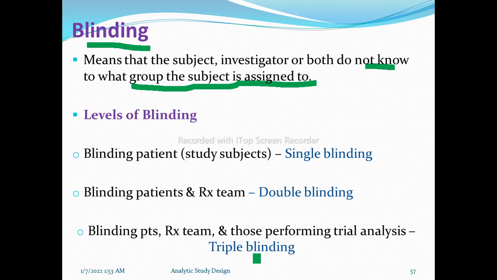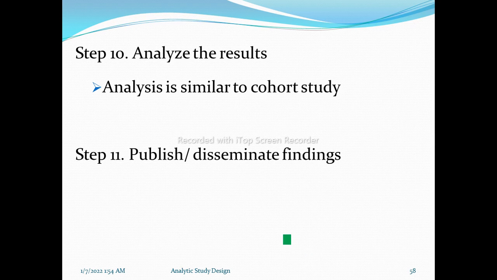So we say single, double and triple blinding based on which groups are blinded. Single blinding: study subjects are blinded. Double blinding: physicians or treatment teams and patients are blinded. And when all other groups are blinded, we can say triple blinding.